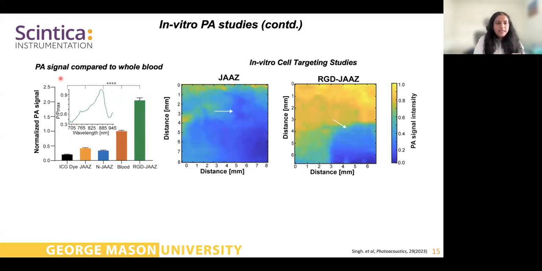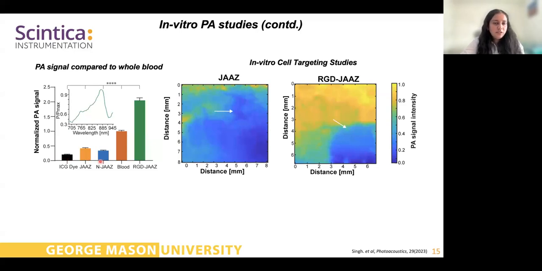The next thing that we wanted to do was see the PA signal when compared to whole blood, since this will be injected in vivo. For that, we measured the normalized PA signal. The signal is normalized with respect to that of just monomeric ICG-JA.